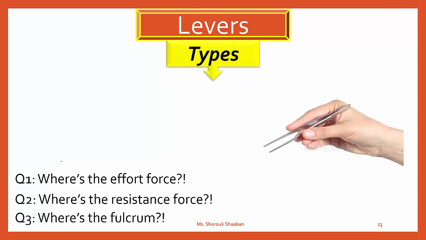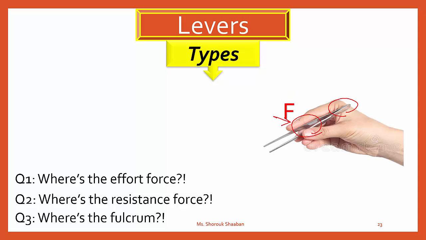Where is the part that I am pressing on? This part or this part? Of course, this part. If you try to use tweezers, you will find yourself pressing here, not here. So this is my effort force.